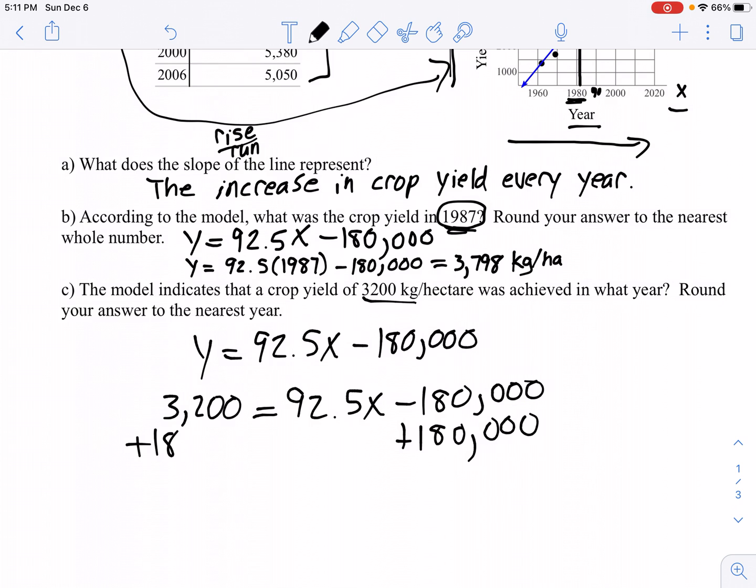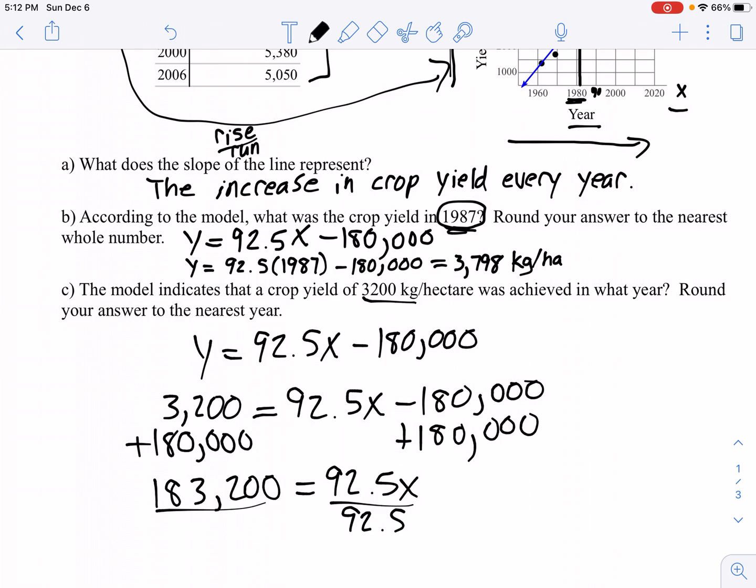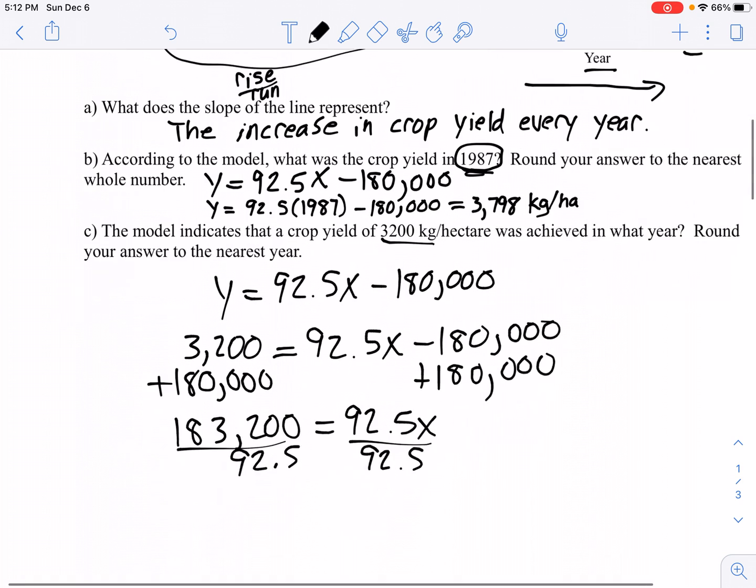So we have 3,200 plus our 180,000, and we get 183,200 is equal to 92.5X. And then we have 92.5 times X, so the opposite of that would be to divide both sides by 92.5. Dividing that out in our calculator, we get approximately a pretty close value.